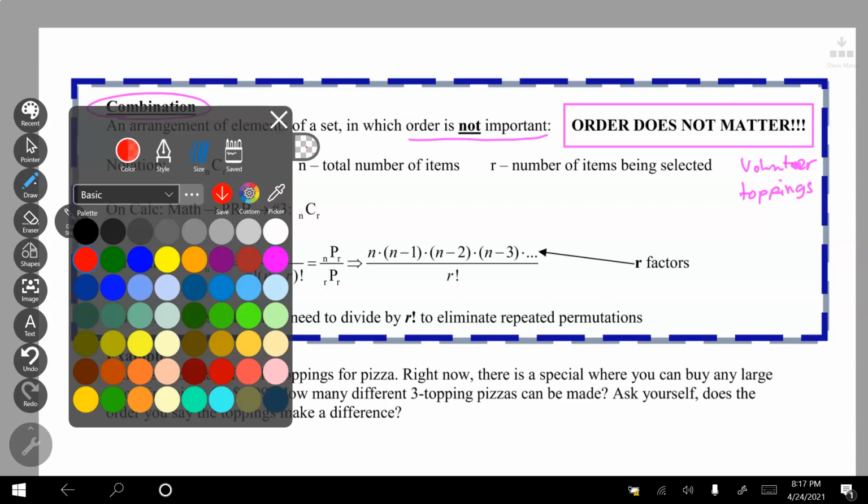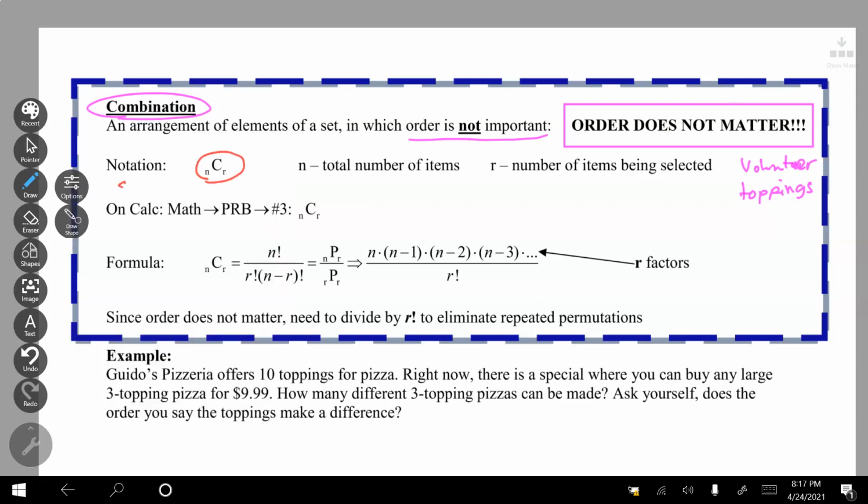Again, we have this key. It's a special key on the calculator. Same spot as before. n is the total number of items. r is the number being selected. Okay. And we're going to use this key. And there is a formula for it. And the formula is this. You never have to know this formula.